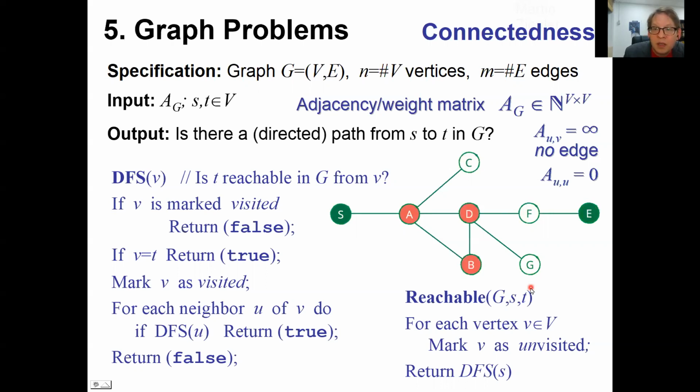So yeah, let's analyze the computational cost incurred by this algorithm. The important observation is that every vertex is visited at most once. That's due to this mark that we introduce. And therefore, the running time is at most O of n, where n denotes the number of vertices, right?